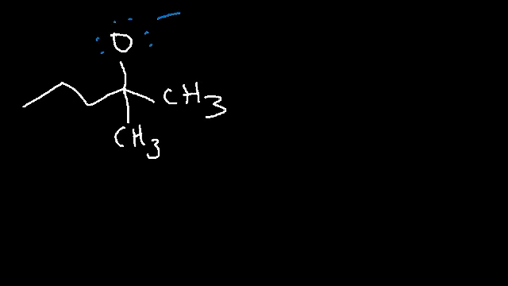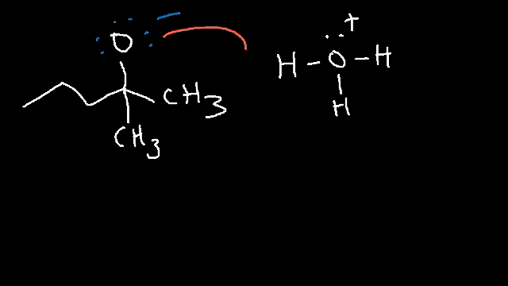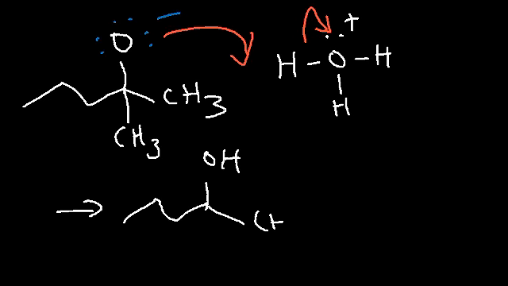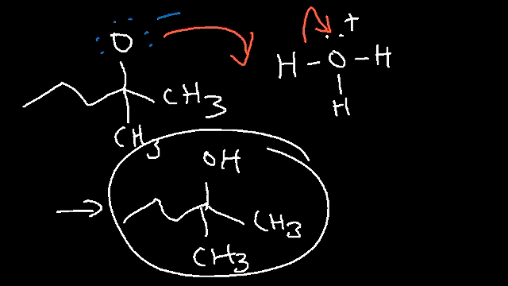So the reaction stops until we acidify the solution with hydronium ions. So in the end, we're going to get a tertiary alcohol. So the Grignard reagent is very useful for making alcohols. And it does so by adding carbon atoms. So this is the answer for this example.